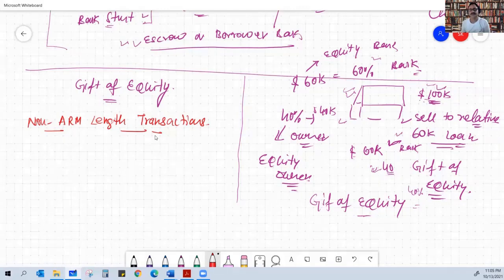When it is between relatives, they hardly shake hands. So that is called a non-arm's length transaction. Gift of equity is only going to happen in a non-arm's length transaction. Good? Understood what gift of equity is?